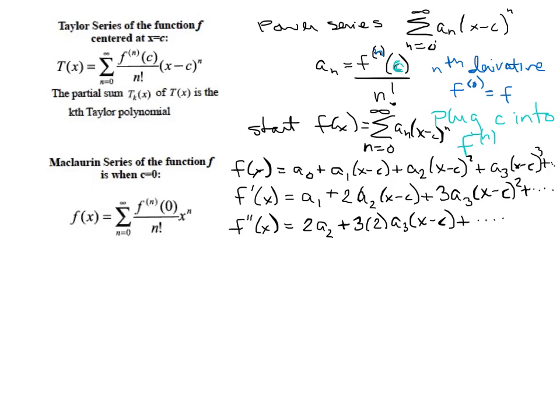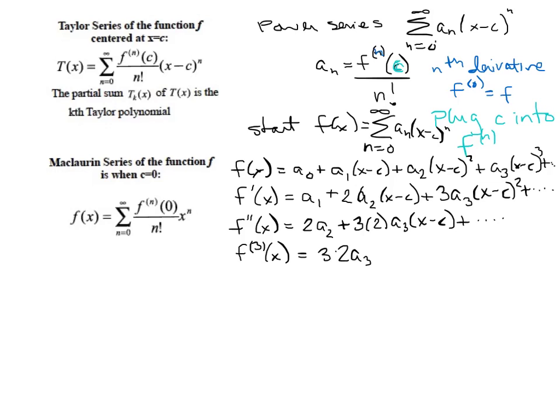And if I take all of these derivatives now and plug, actually, let me do one more. Let me do a third derivative here. So a third derivative, the constant would go away. We'd be left with 3 times 2 times a sub 3.